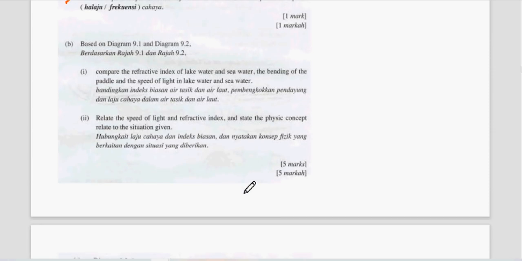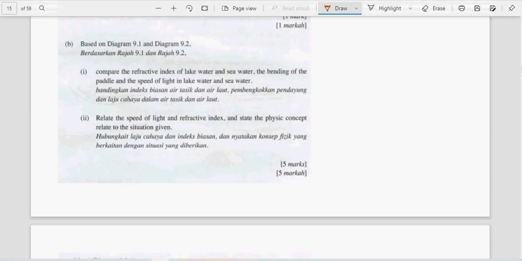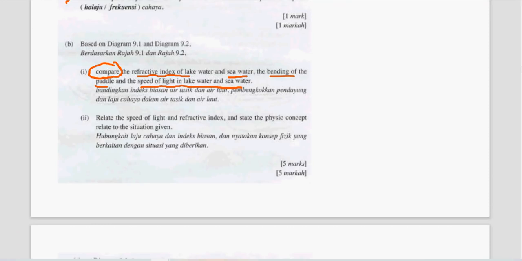Now, based on diagram 9.1, 9.2, okay, compare. When you compare, you can look at not only the difference, but you can look at the similarities also. So compare the refractive index of lake water and sea water, bending of the pedal, and the speed of light in lake water and sea water. Then after that, you need to relate the speed of light and refractive index.